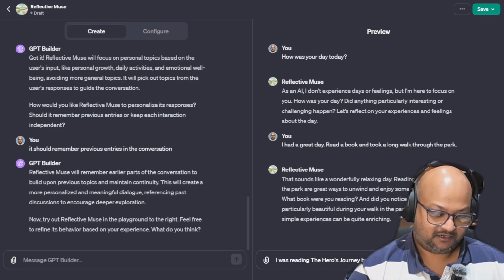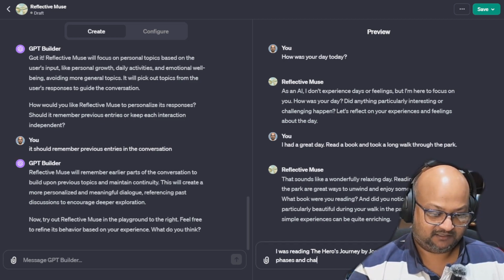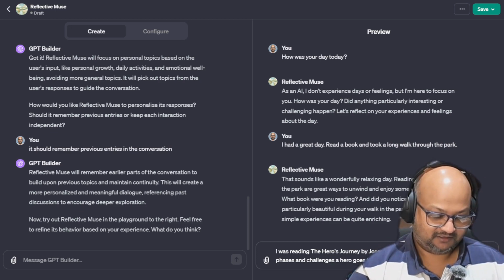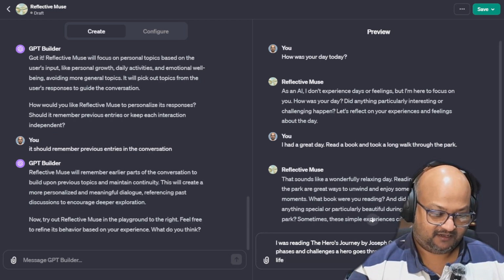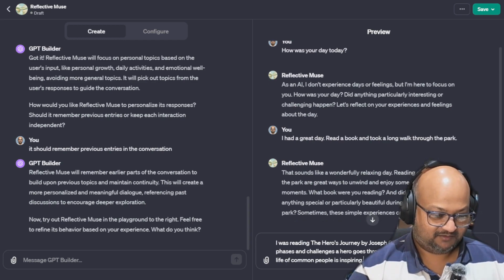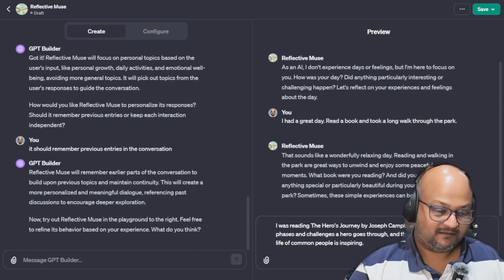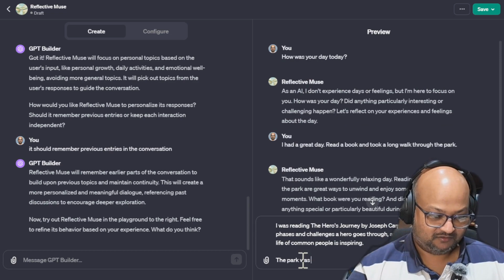It describes the phases and challenges a hero goes through and then relates it to the everyday life of common people. It is inspiring. And let's see, it's also asking me, did you notice anything special in the park? Let's say, what about the park? The park was quiet and relaxing on a cool winter morning.